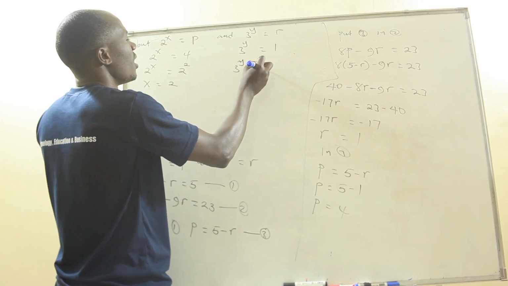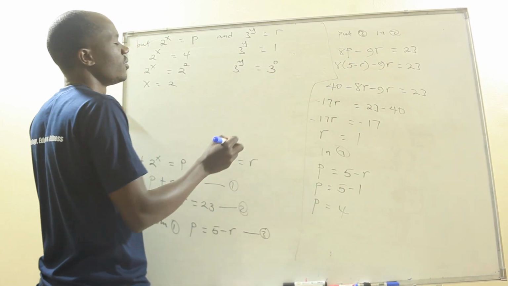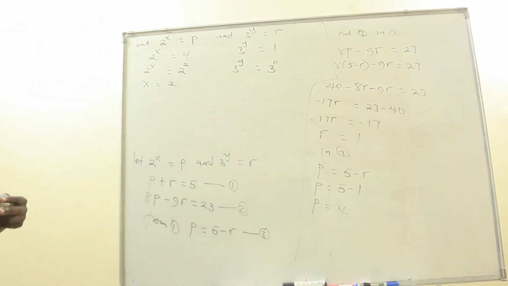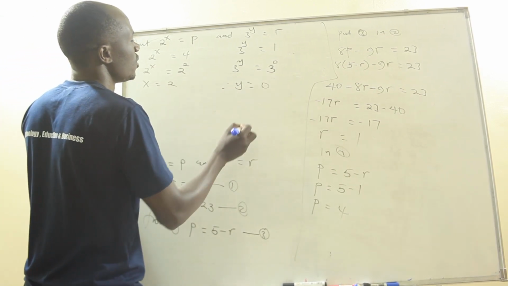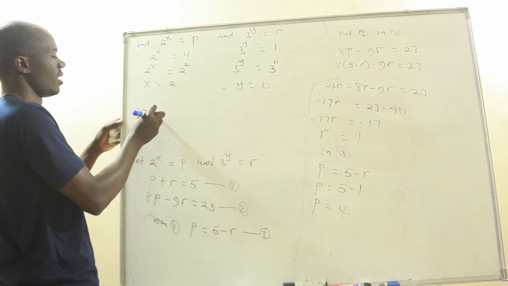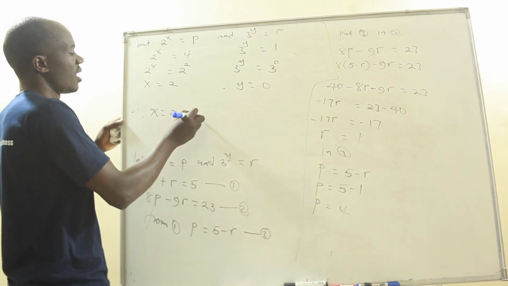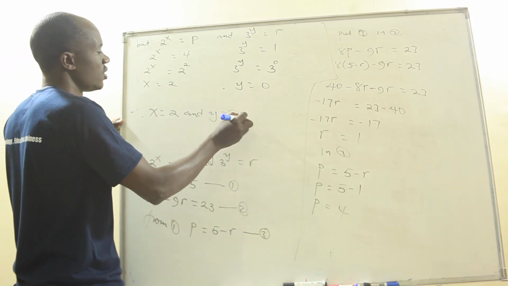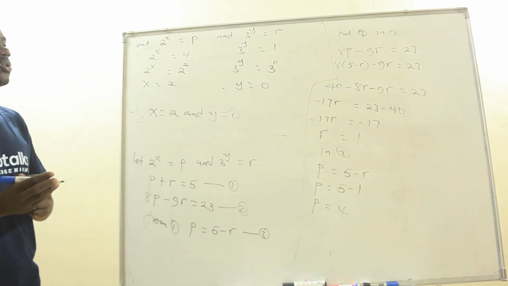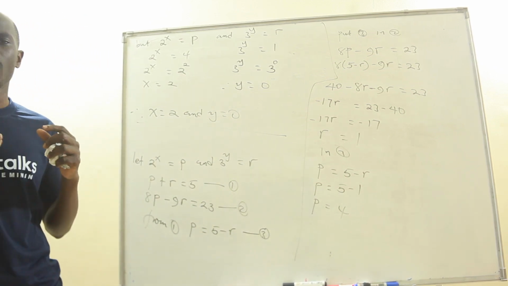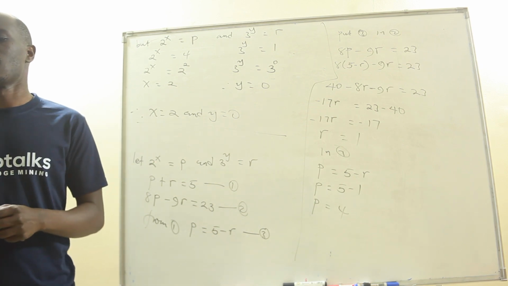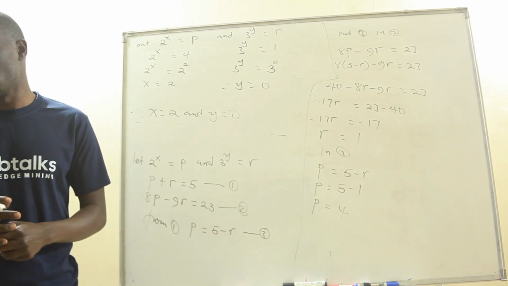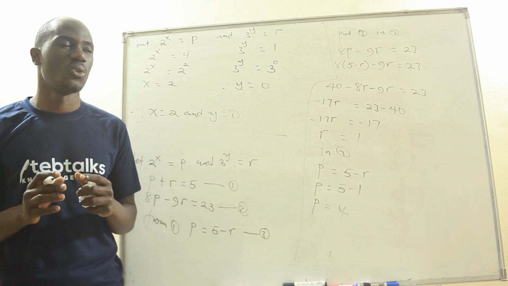So 3 power y equals 3 power 0. Since the bases are the same, still equate the powers. Therefore, y equals 0. Can you conclude and say therefore x equals 2 and y equals 0? That's how we can solve those simultaneous equations from those index formats.